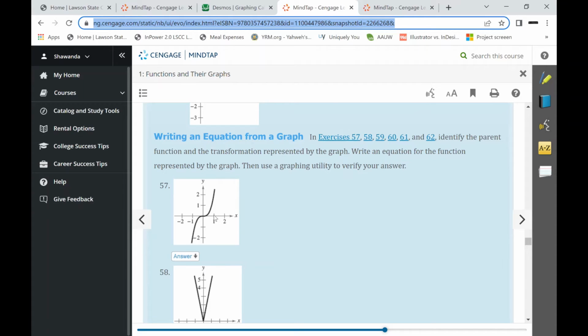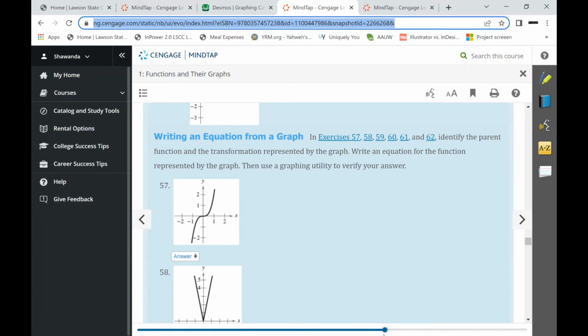Because notice if you had to plug in a point for f of x equals x cubed, you get 1, 1, right? 1 cubed is 1. However, look at this point. It looks more like 1, 2. It looks like it's negative 1, negative 2, for example, not negative 1, negative 1. It's more so negative 1, negative 2.